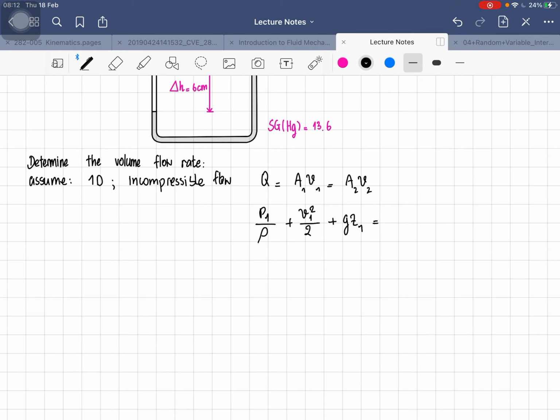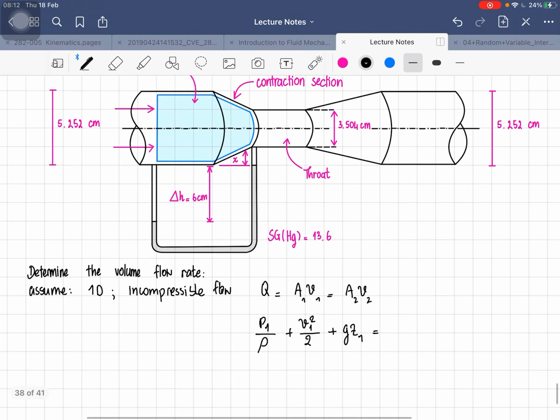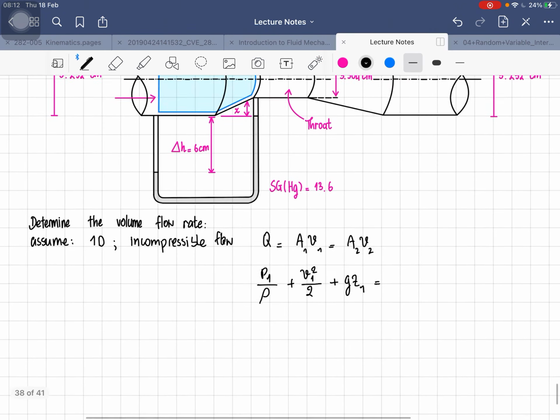Z is the length measured from the center line. As you can see, this is the center line, right? So Z is the length measured from the center line.